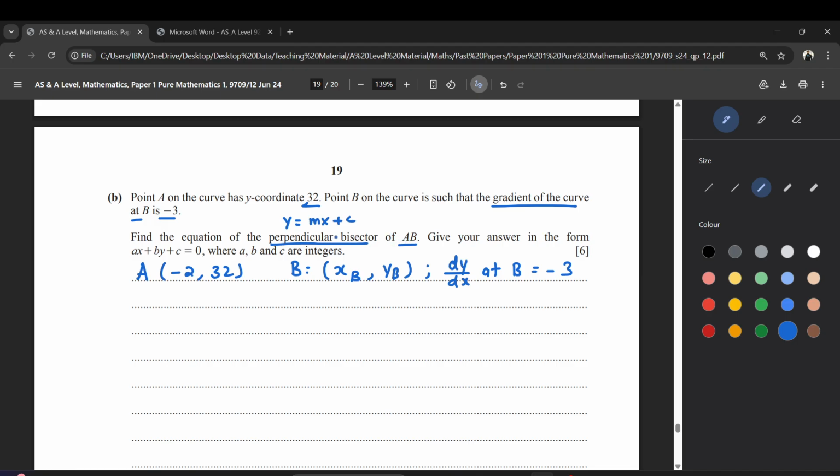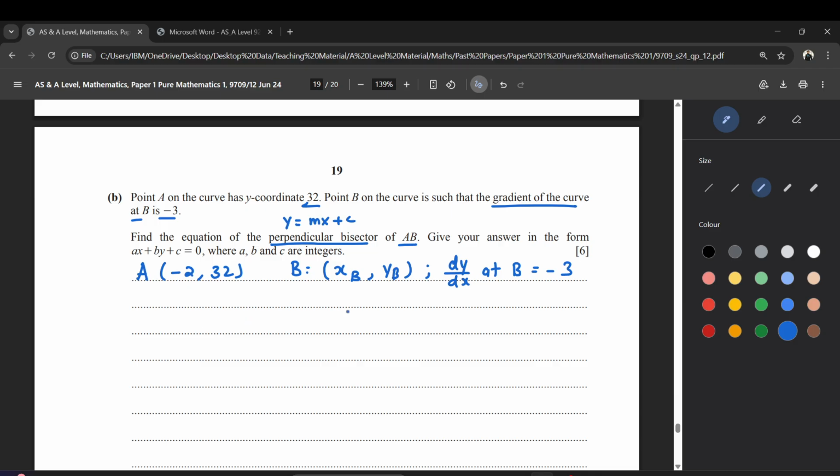So that would give us the coordinate, and now we need to find the gradient. For that, we need to know the gradient of the tangent, which is already given to us, minus 3. But the problem is we need to find the coordinates of B first, because how am I supposed to calculate the midpoint if I do not know what B is, right?